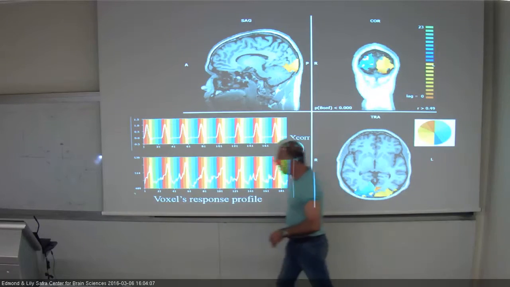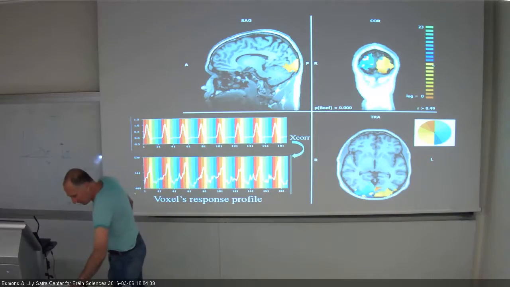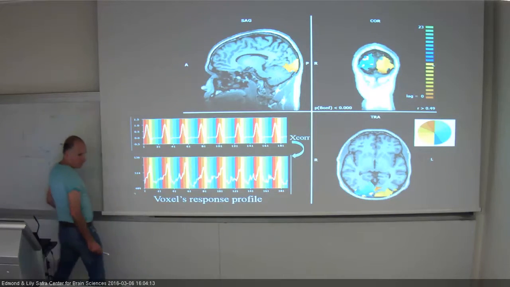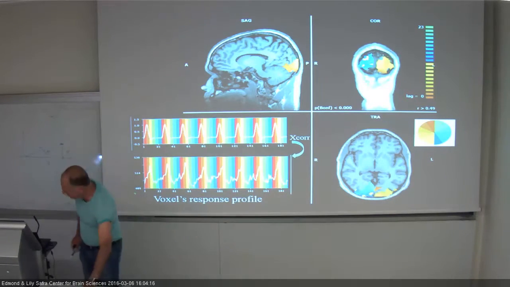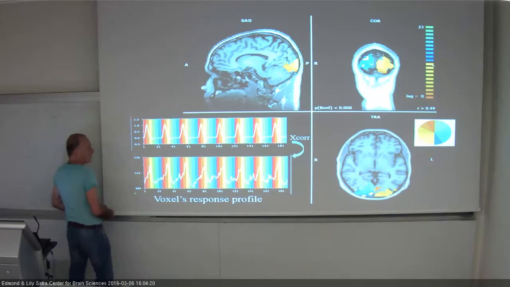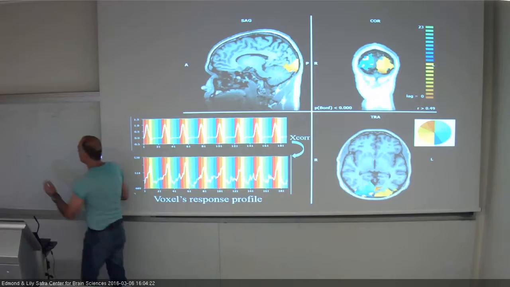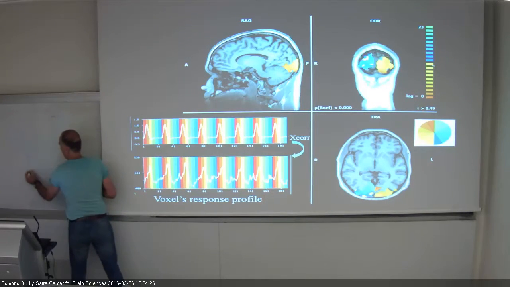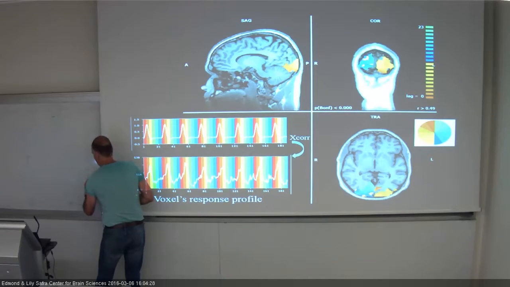So we're computing the correlation for each lag possible. And what are we going to get? Correlation. Yeah. So this is going to be the output of the cross correlation as a function of the lag.